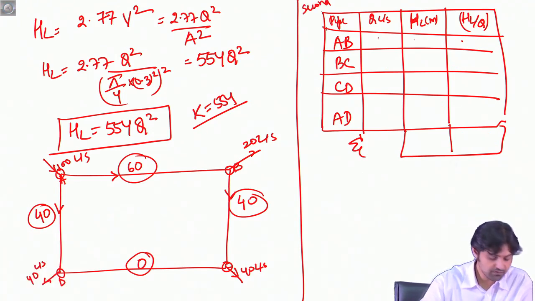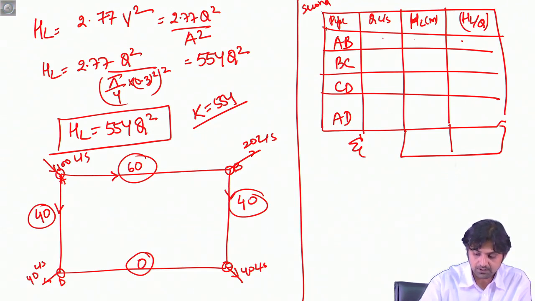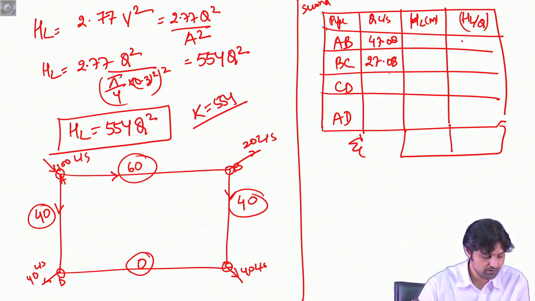So, Q here will be 60 minus 12.92 because delta Q was negative. So, it becomes 47.08. First step is to write down the values after the correction. Minus 12.92 and thus minus 52.92.